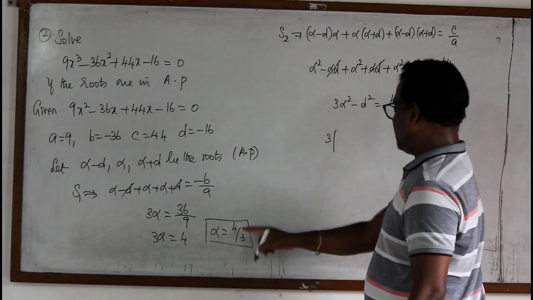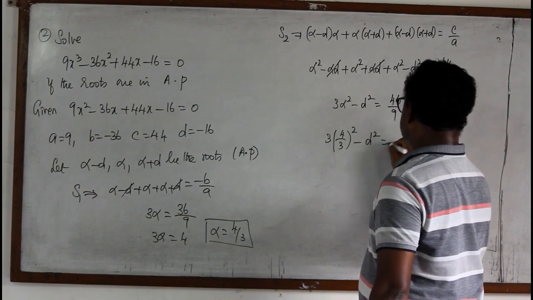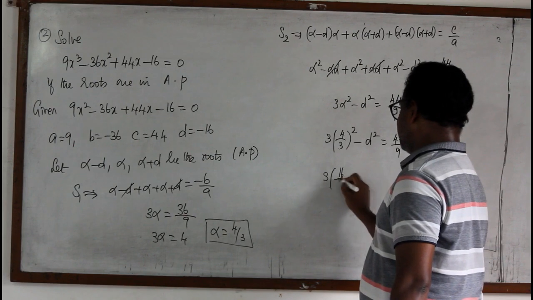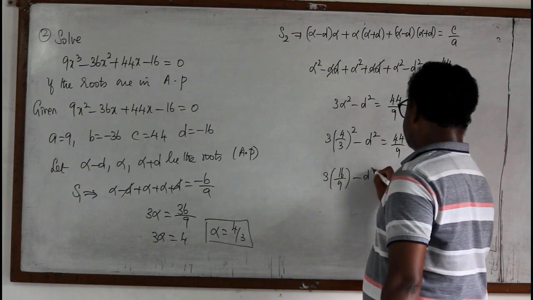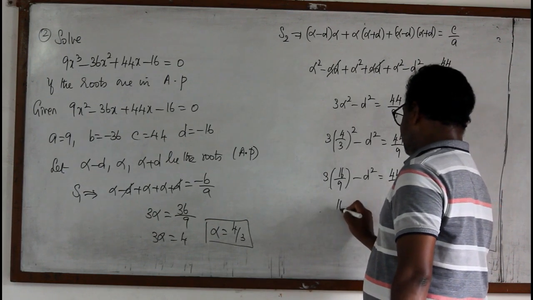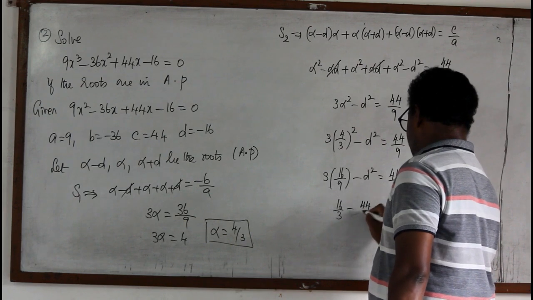3 into alpha square, which is 4 by 3 the whole square, minus d square is 44 by 9. 3 into 16 by 9 minus d square is 44 by 9. That is 16 by 3 minus 44 by 9.